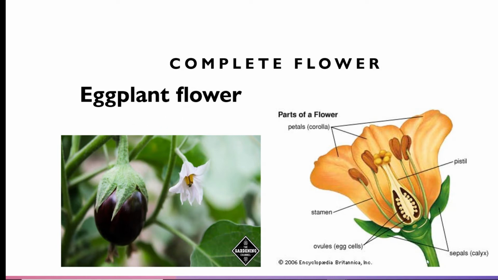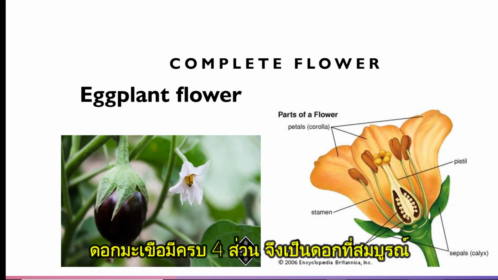It has sepals over here, it has pistils inside, it has petals, and also a stamen. This is the stamen. So the eggplant flower has 4 parts, so it means it is a complete flower.